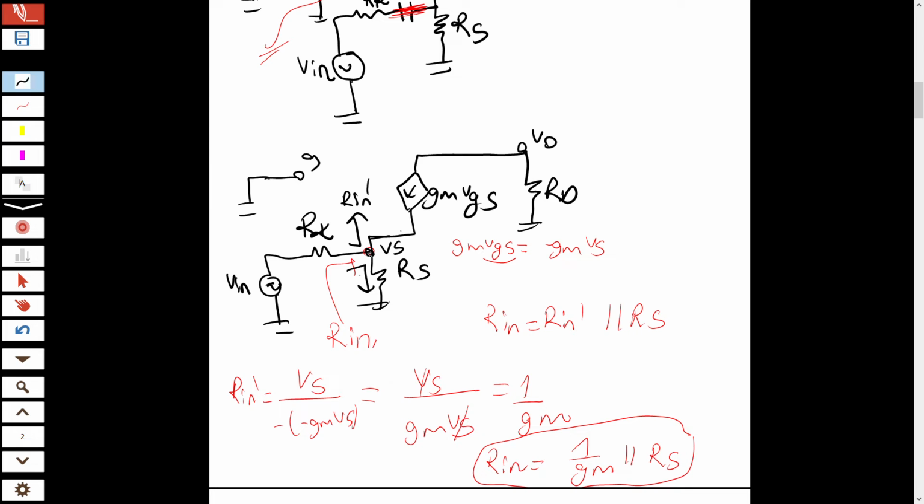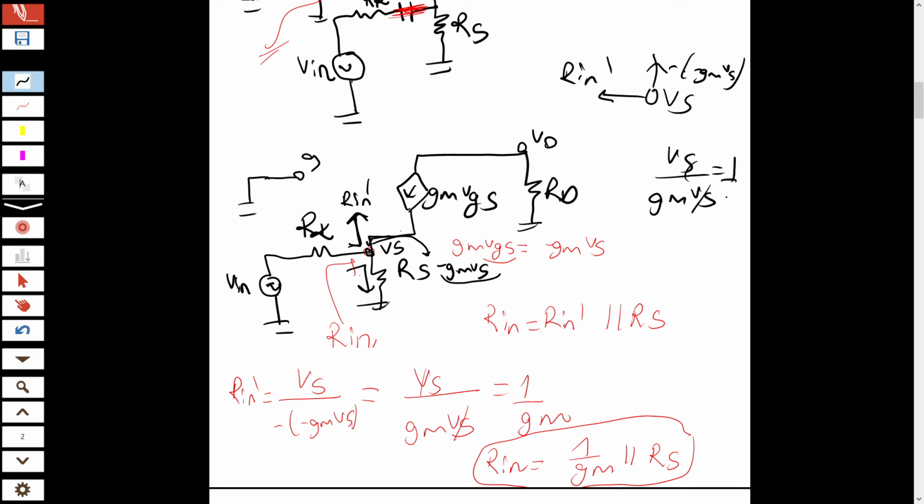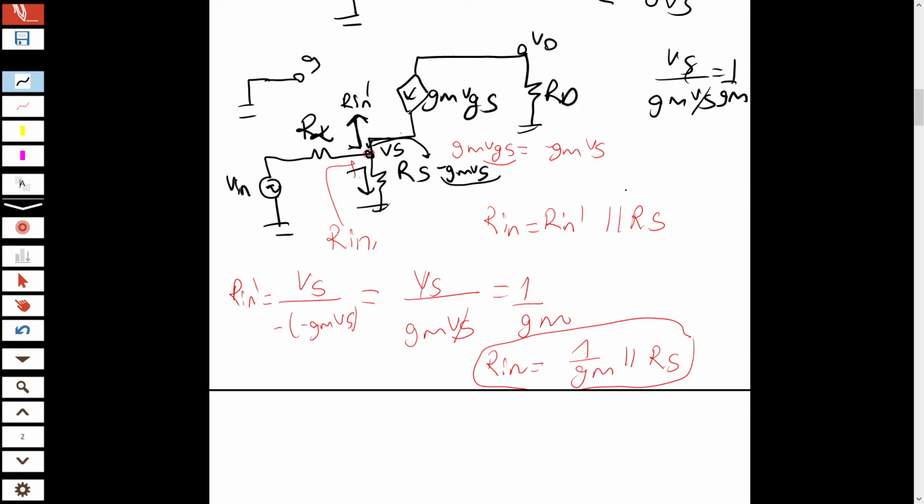I know V source, and I know this current. The current is gm VGS, but V gate is 0, so V gate minus V source is minus V source, and the current becomes minus gm V source. But I need the opposite side of this current, because I look at this side. R input prime is V source divided by minus gm V source, so it simply becomes V source over gm V source. It is 1 over gm. Okay, we have found our input resistance.